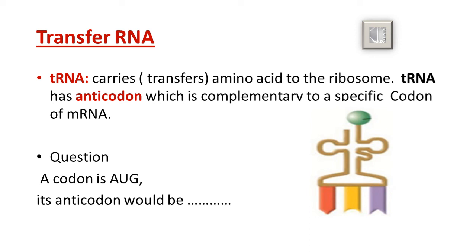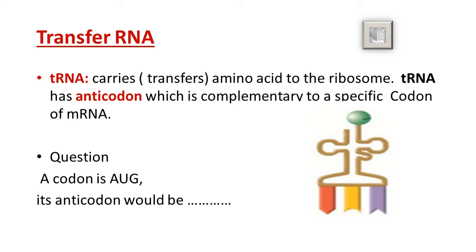In the previous slide, we had a strand of mRNA, A, U, G, A, C, and a codon had three nucleotides. The first codon was AUG.